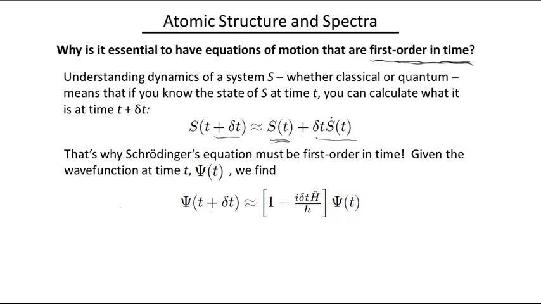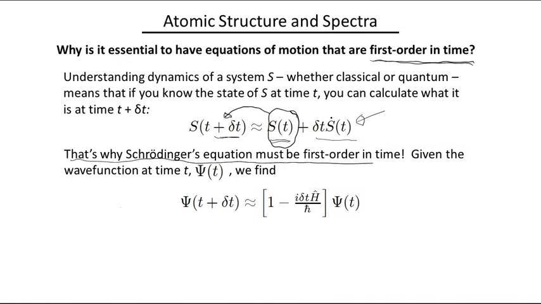I emphasized the development of equations that are first order in time because the whole idea of solving the equations of motion for a system means that if you have a specification of the state at time t, you can find the state at some later time, and for a small time that means you need an equation of motion that is first order in time for that state.